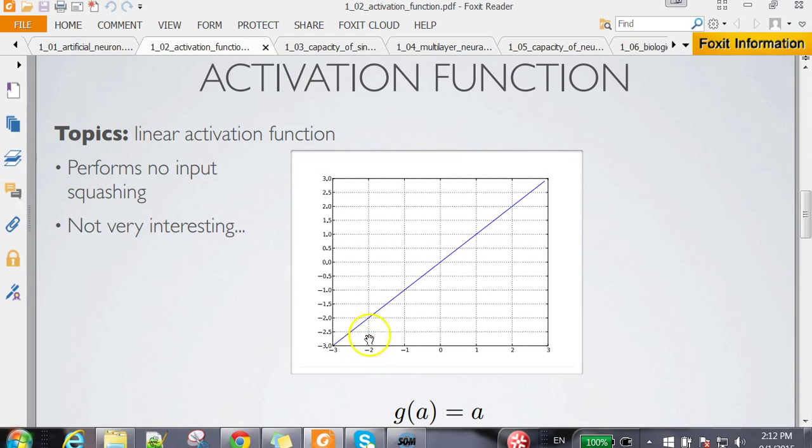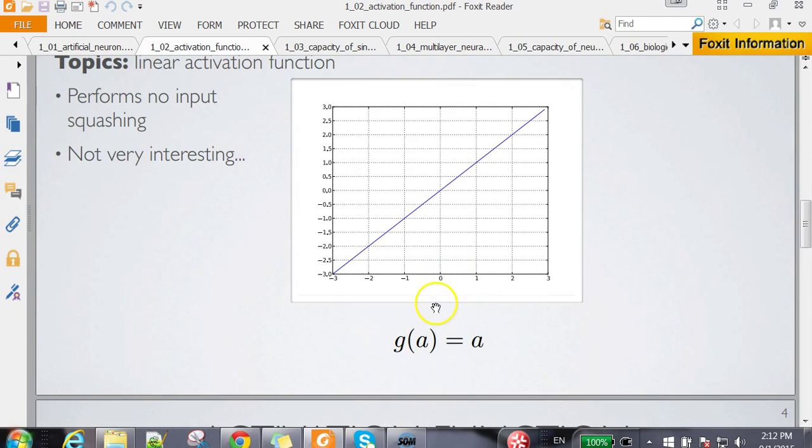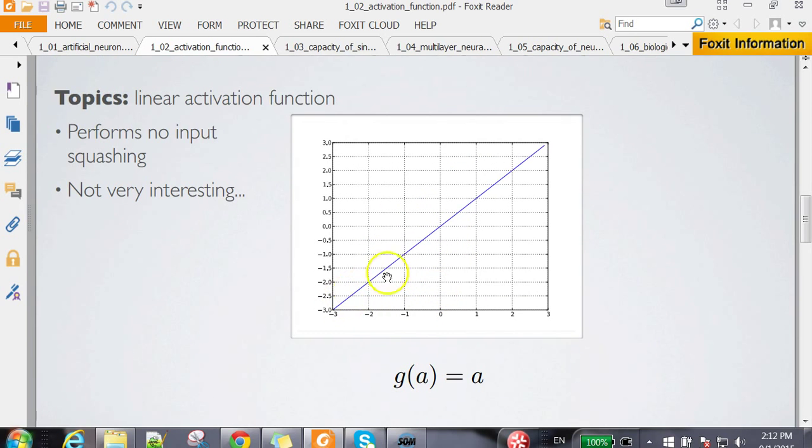So if the number is 2, we could send it to -2. If the number is -1, we could send it to... anyway. If we do it like what we have here, this is called a linear activation function. It's also just the function that takes A and gives A out.